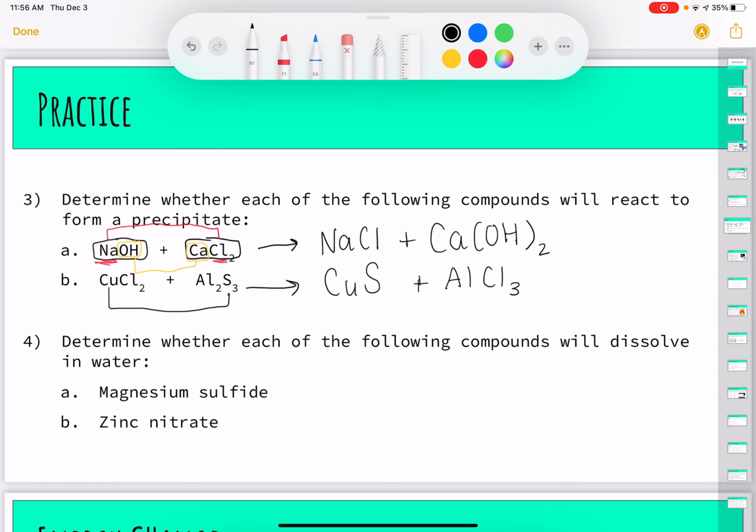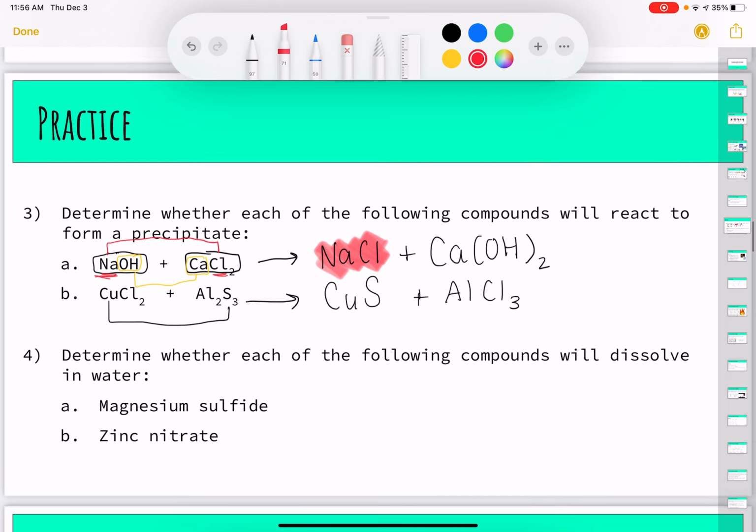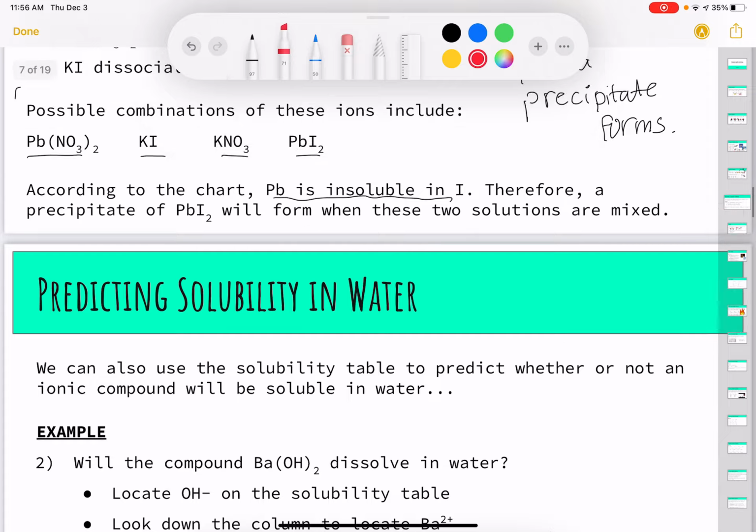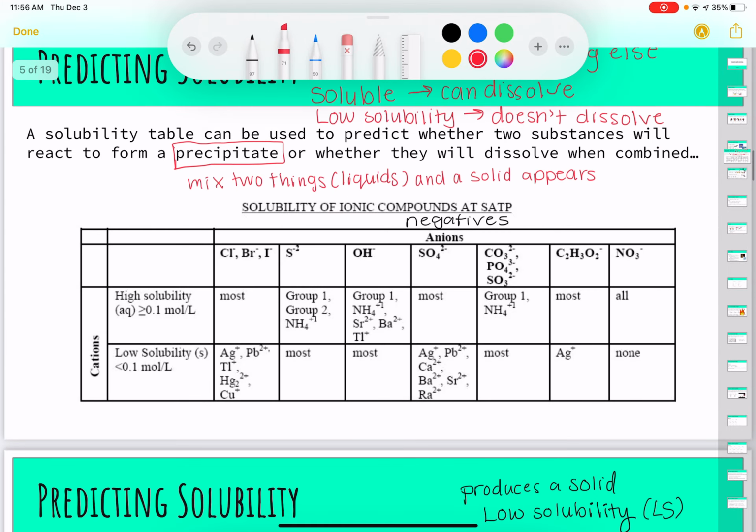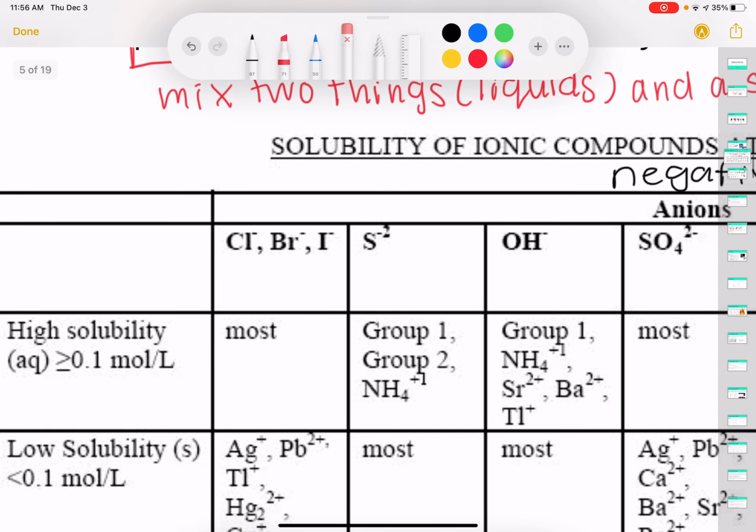So let's do the very first one, which is NaCl. If you don't know, NaCl is salt. And I hope you guys know, just not even by looking at this table, that salt will dissolve in water. If you put salt in water, it's going to dissolve. That's what's in the ocean, for example. But we will look it up just to show you that this table works. So we look for the anion. We're doing NaCl, so we're looking at our Cl there.